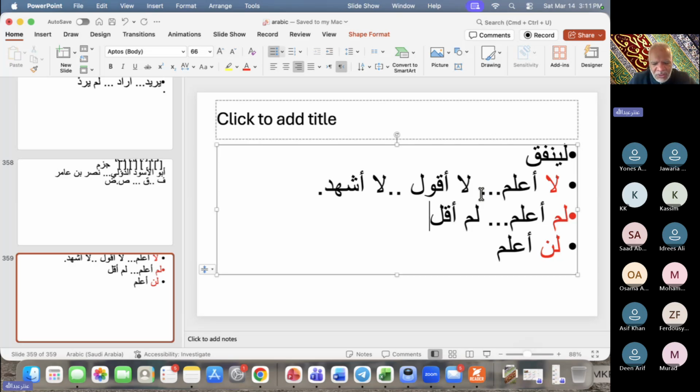Okay, so we place a sukun, but we do not say that it is مجزوم by the sukun. It is مجزوم by dropping the waw. لم أقل. لم أشهد. So this will be like this. For لن, we studied لن with the subjunctive المنصوب.